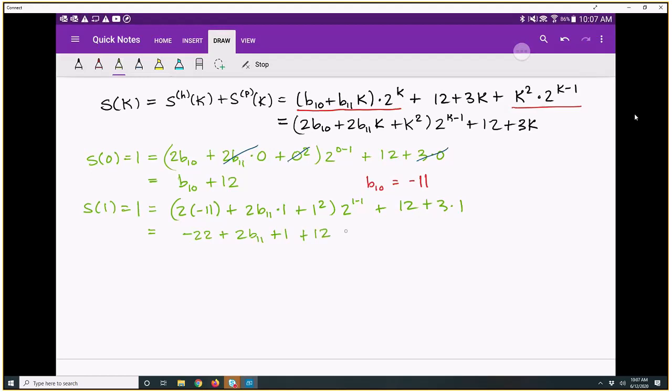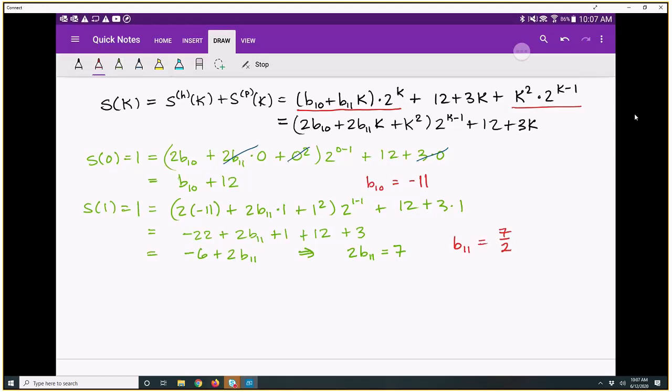Then plus 12 and plus 3. So this is negative 6 plus 2b11. So that gives us that 2b11 is equal to 7. So b11 is equal to 7 over 2.